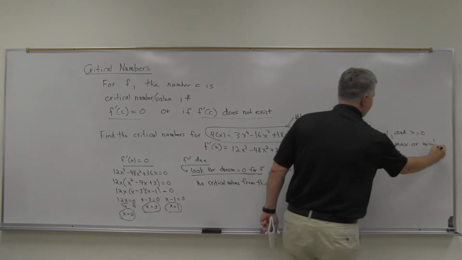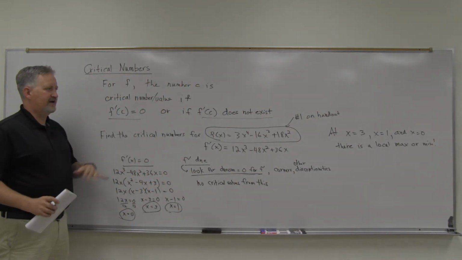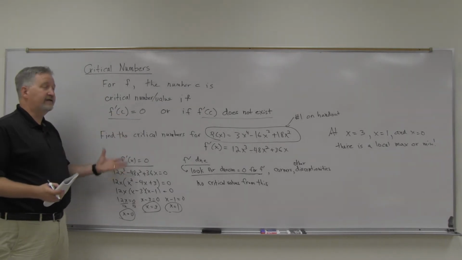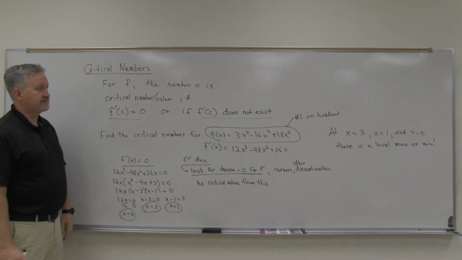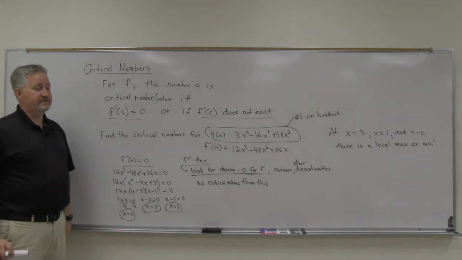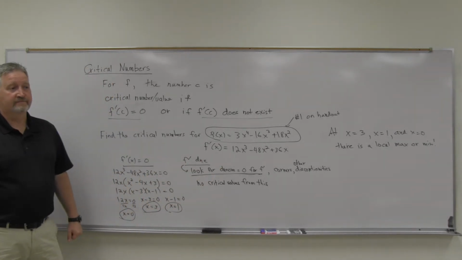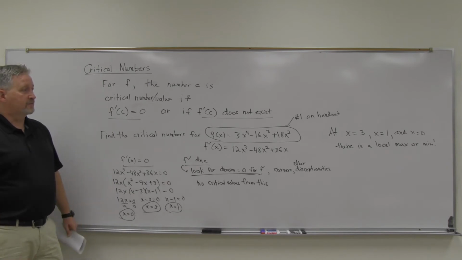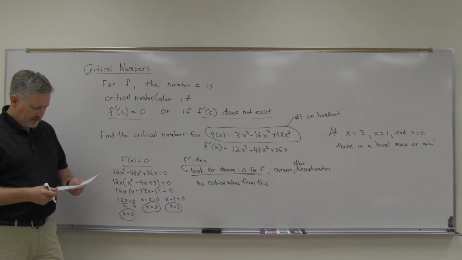So this just confirms that what we're finding here, these critical values, are potential local maxes or mins. That's the whole idea in doing this, okay? And we'll use that fact in other places, but that's what I wanted you to recognize also. These are where the local mins and maxes will occur, these critical numbers. And that just confirms it from number 1 on the handout there.